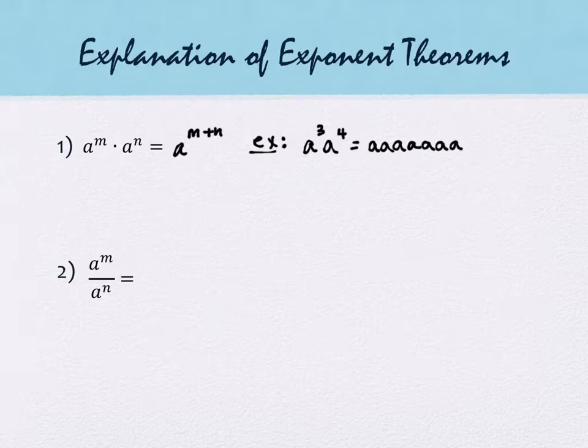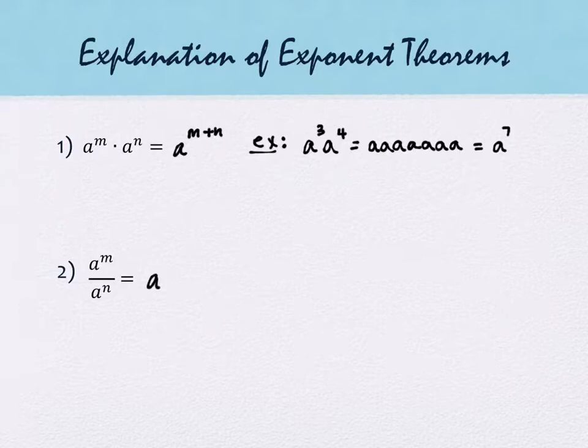So I have 3 a's followed by 4 a's, which gives me a total of how many a's? 7. So this is a to the 7th by definition. And how do we get from 3 and 4 to 7? Well, we add. And that's a concrete example of why that has to work that way.